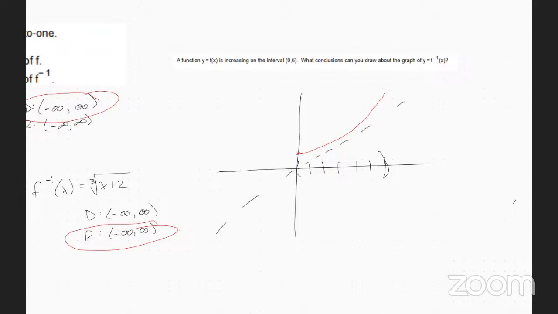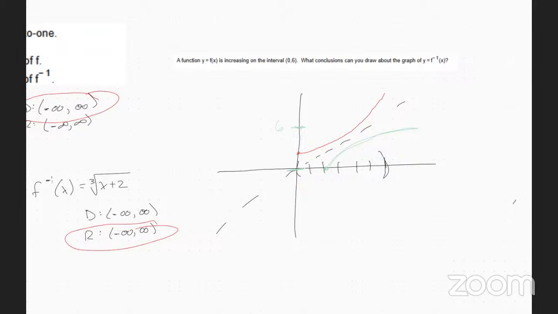That point would be here, and it would be flipped like that. So from 0 to 6 right here, that would be 6 up here.